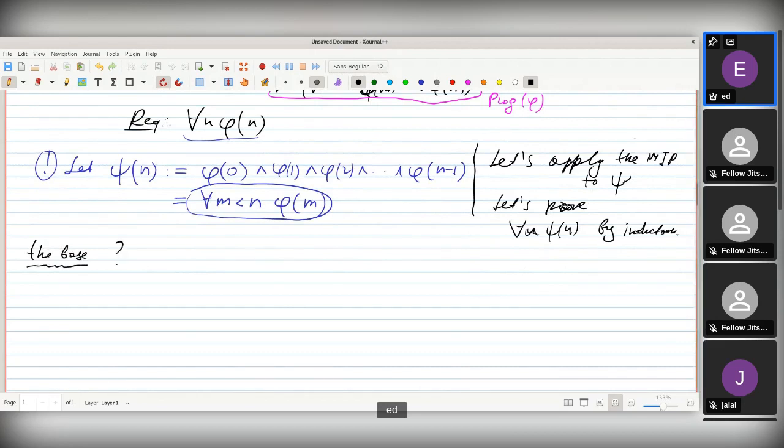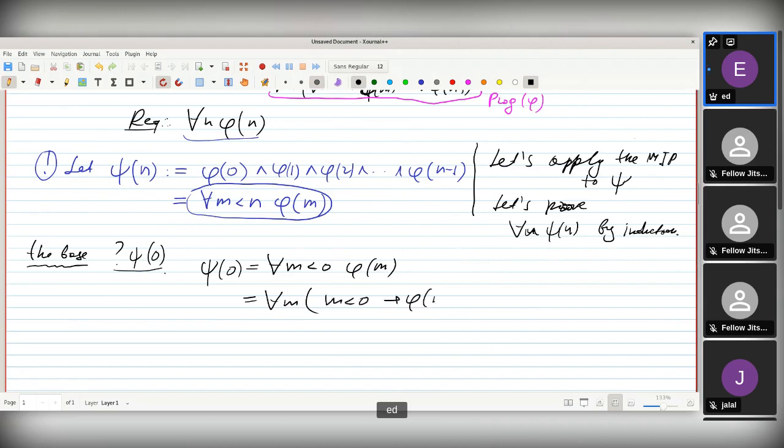In order to do so, I need, of course, the base case and the step. So the base. Why do we have that psi of 0 holds? It's quite clear. In fact, we already proved it. What is psi of 0? Psi of 0 is this statement: for every m which is less than 0, phi of m holds. That is, for every m, if m is less than 0, then phi of m holds. Do you know any natural number less than 0?